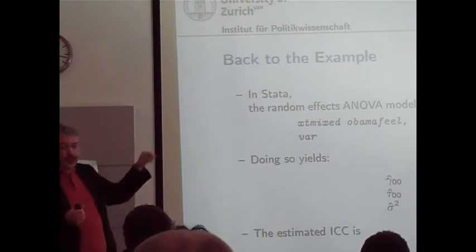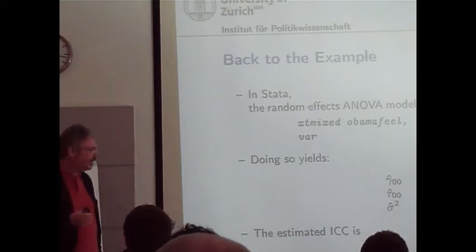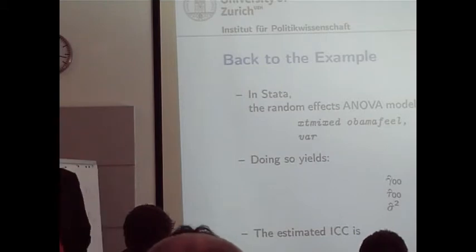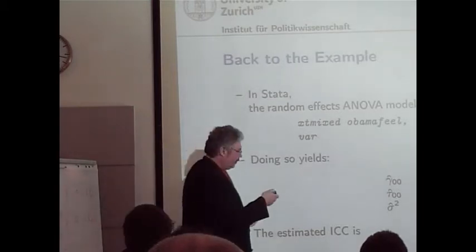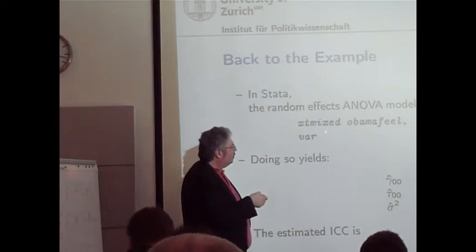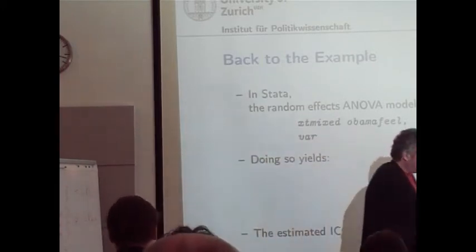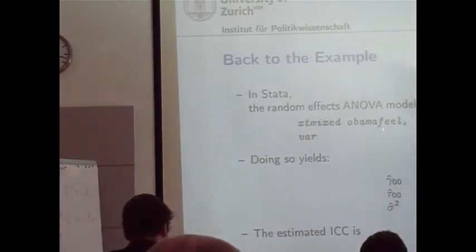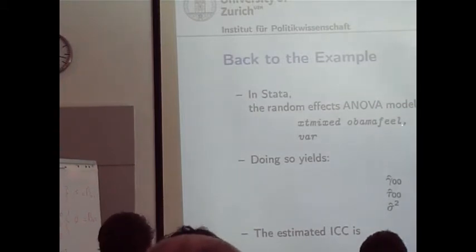So there is another option in Stata, I believe as of version 10, the XT mixed option. And that you can use to do a random effects analysis of variance. So the command is XT mixed. Then you specify the dependent variable. You could specify predictors here, but we don't have any.